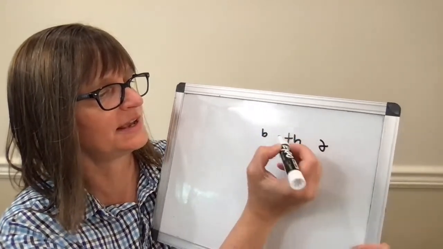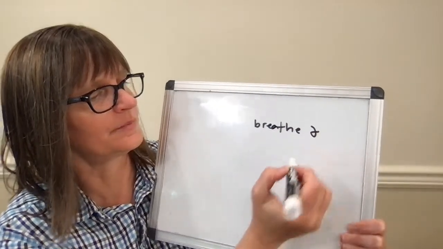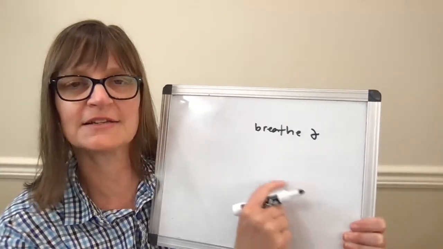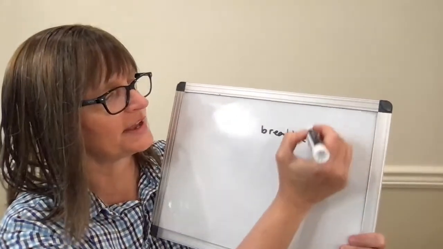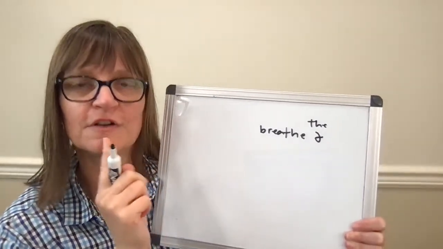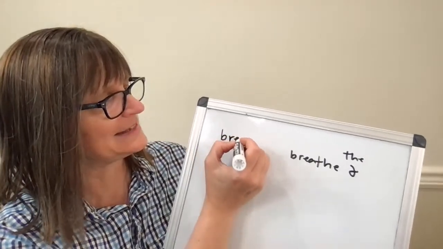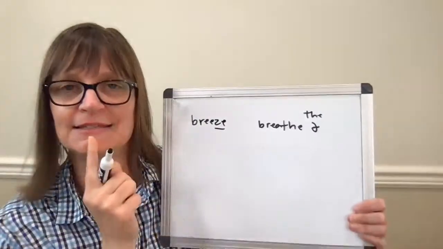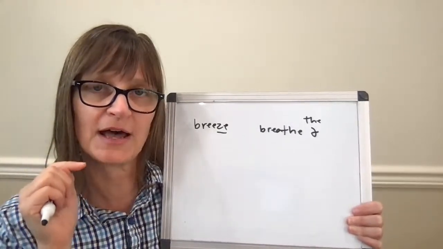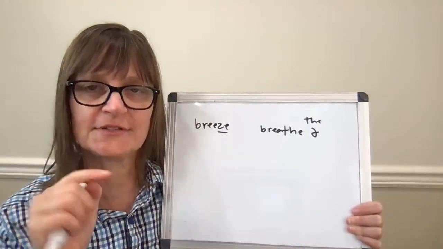So when I say breathe, it's the same th sound that's on words like that and there. So you could try saying, for example, breathe the air, and you'll feel that voiced TH sound. Versus breeze has the Z sound at the end. And so for Z, my tongue is back behind my teeth, and the air continues, z, my voice is on.